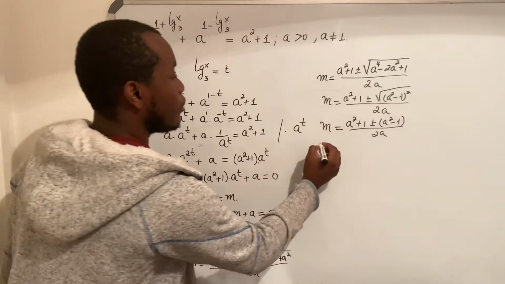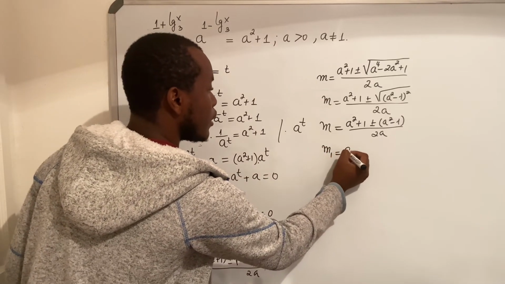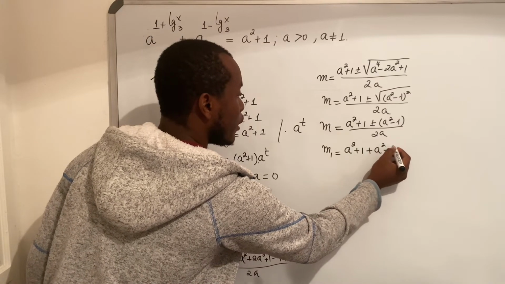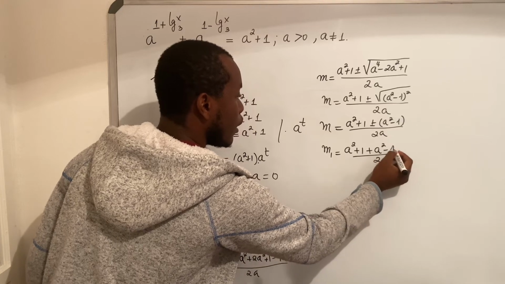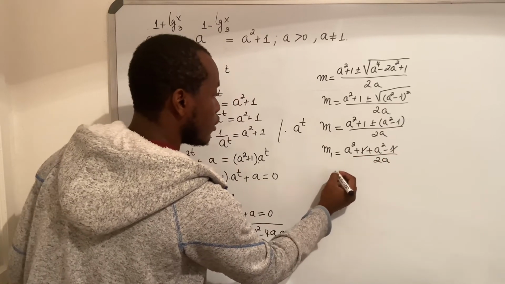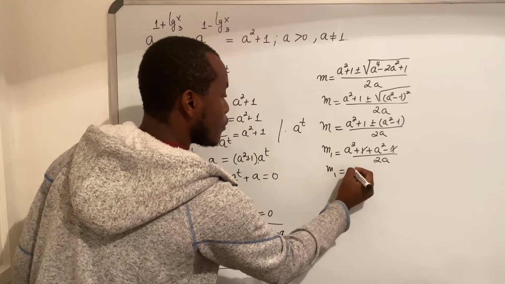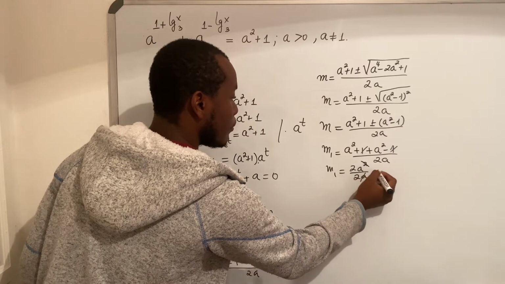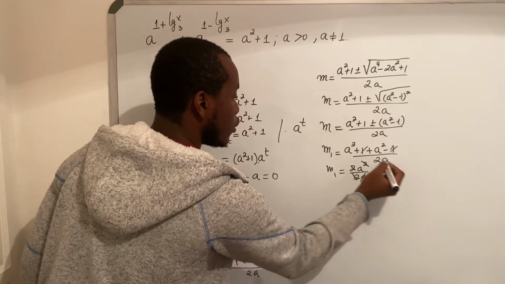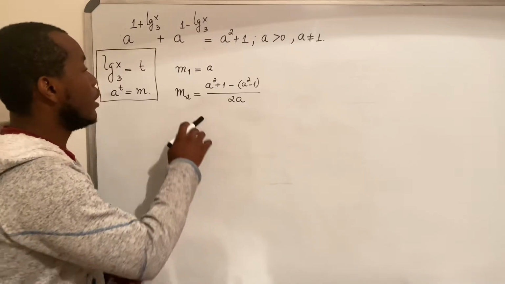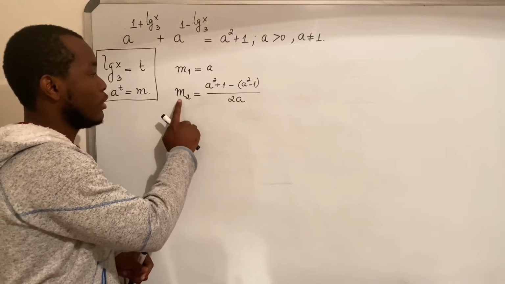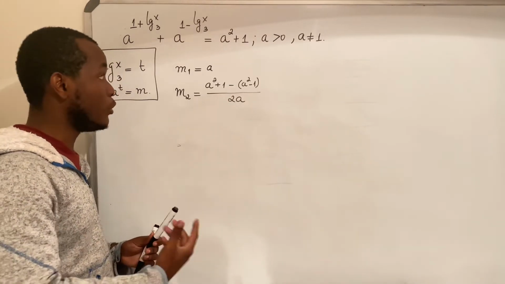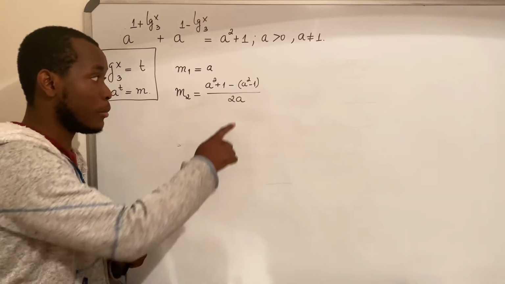So let's now solve, finding m1. m1 is a squared plus 1 plus a squared minus 1 over 2a. I cancel the 1, so m1 will be 2a squared over 2a. I cancel the 2, and it's a. So m1 is a. Now let's find m2, which uses the negative, remember, because we found m1 by using the positive.